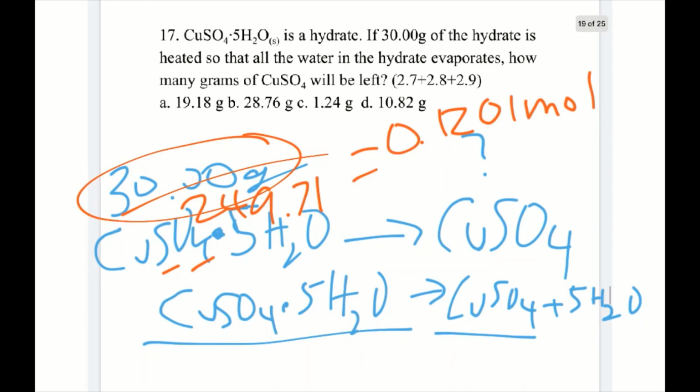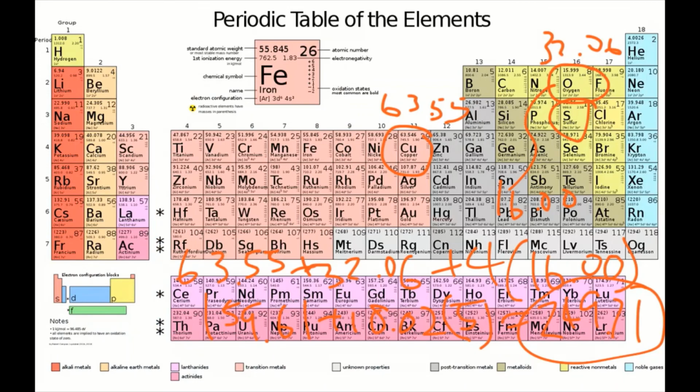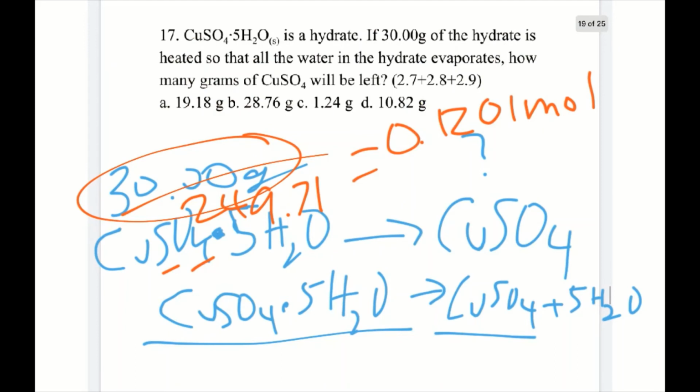Now we know that the ratio between copper 2 sulfate pentahydrate and copper 2 sulfate is 1-to-1. So we can do the math, and we can say that 0.1201 moles of copper 2 sulfate pentahydrate. I'll write that as the hydrated form, and I'll multiply by the conversion factor.